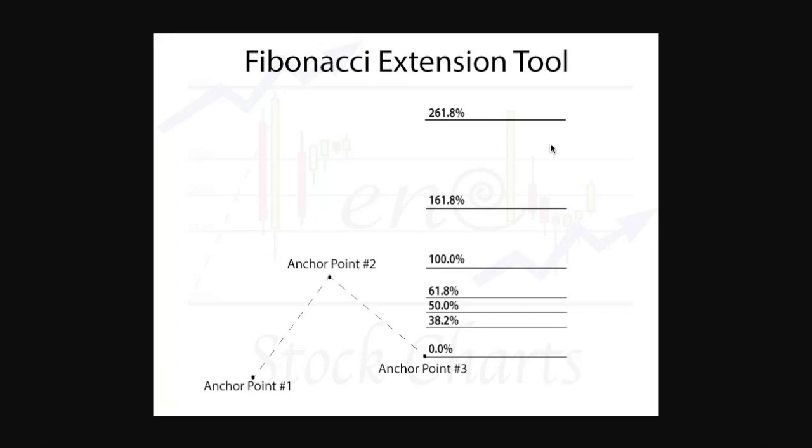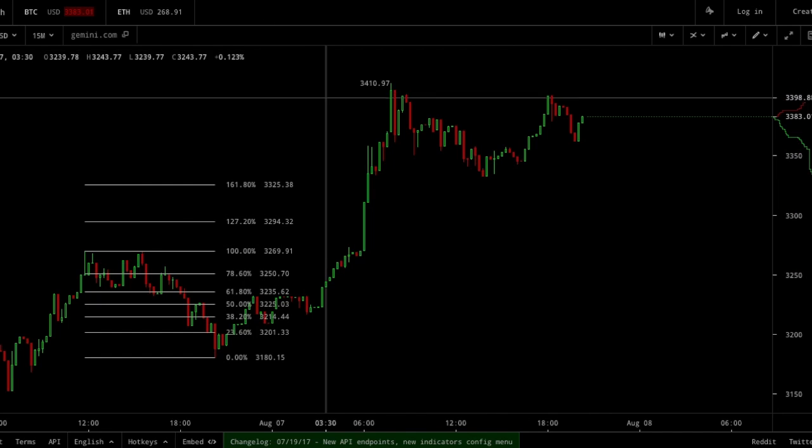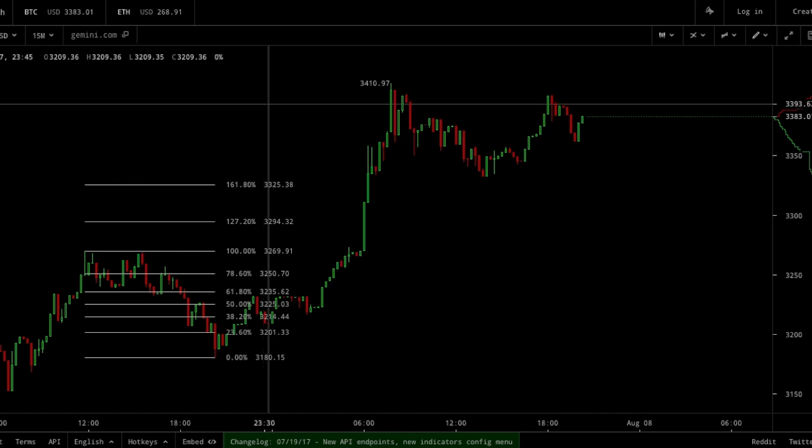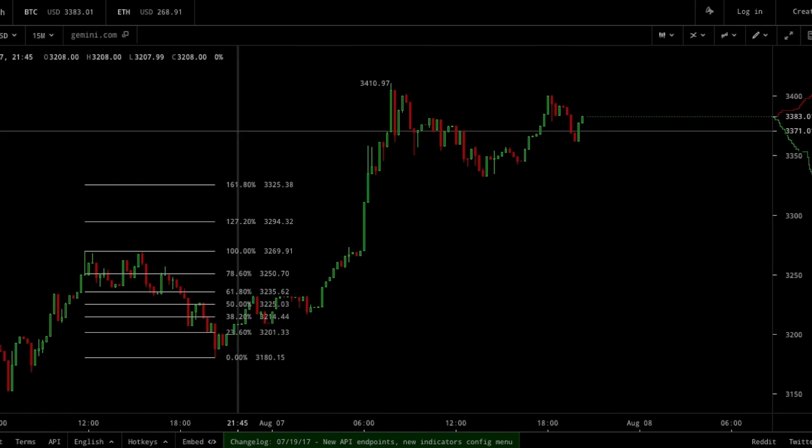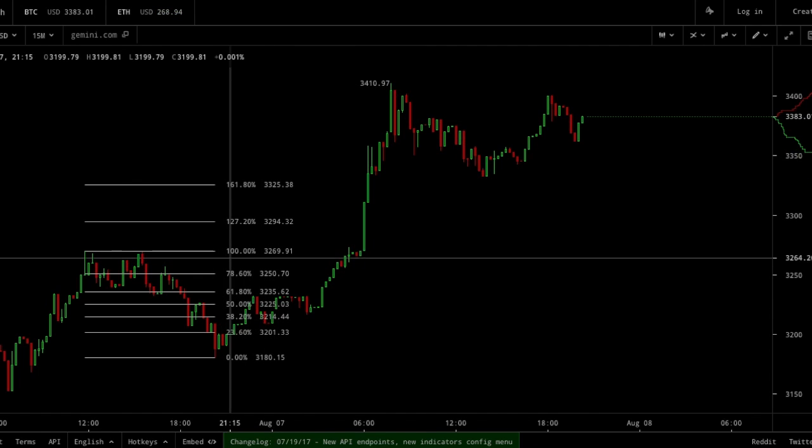I've shown you a new window. As you can see here, this is exactly what I've mentioned. You have your first point, your second point, your third point, and you draw it from here to here. That's your Fibonacci, and you want to target the 127.2 here, the 161.8, and the 261.8. Unfortunately, CryptoWatch does not plot the 261.8% extension. They don't want too much clutter on your graphs.